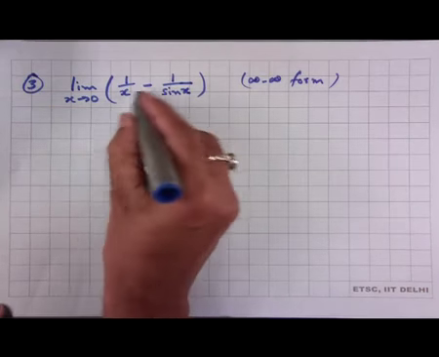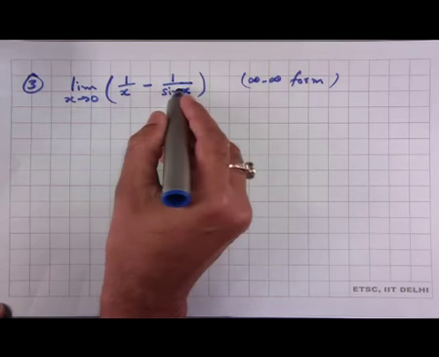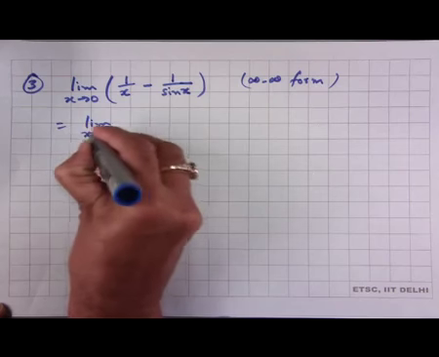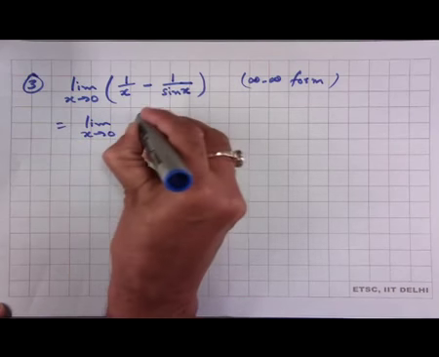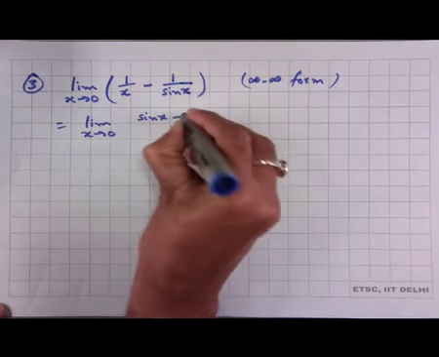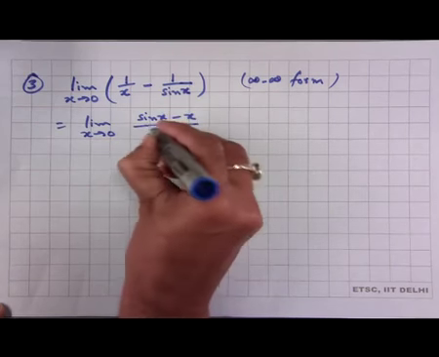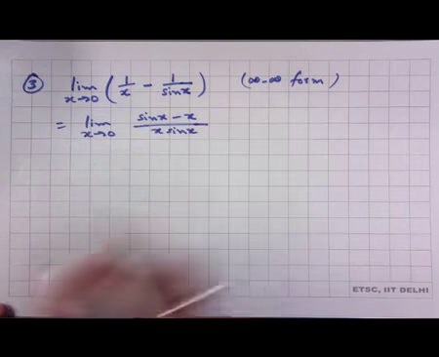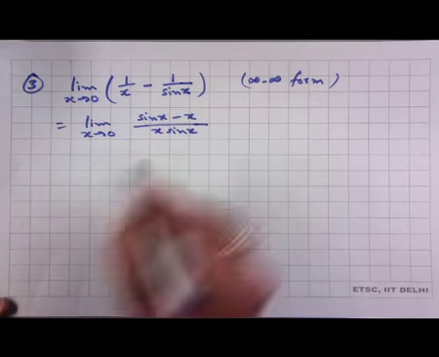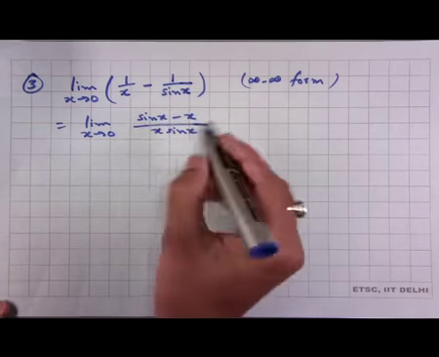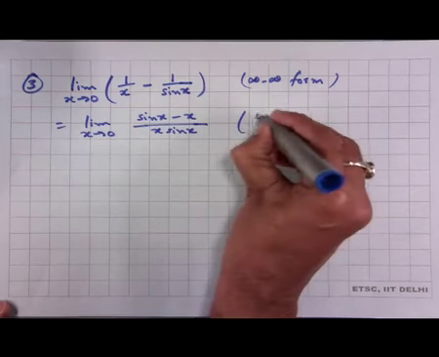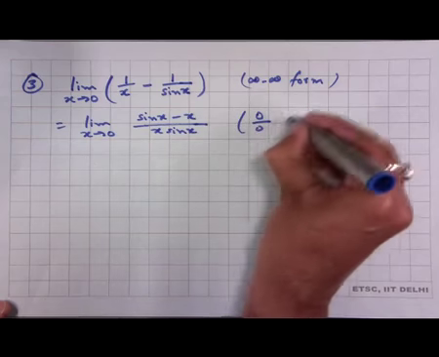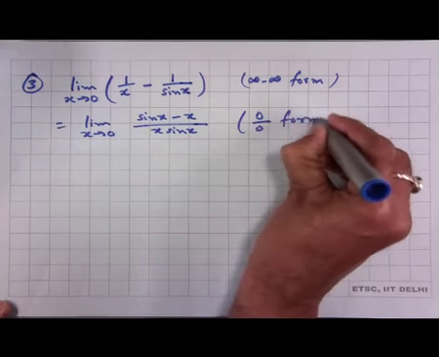Now, here what we can do is take the common denominator and write this as sin x minus x divided by x sin x. Now, as x approaches 0, the numerator is approaching 0, and the denominator is also approaching 0. So, we get 0 by 0 form.